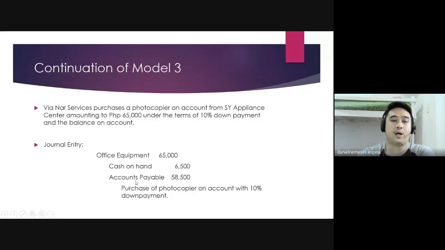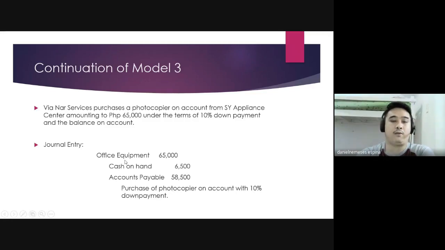Another account is accounts payable, 58,500. Okay. So if you total the credit entries, kung i-add nimo ang 6,500 ug 58,500, it will still result to 65,000. So ang atong debit ug ang credit still in balance.